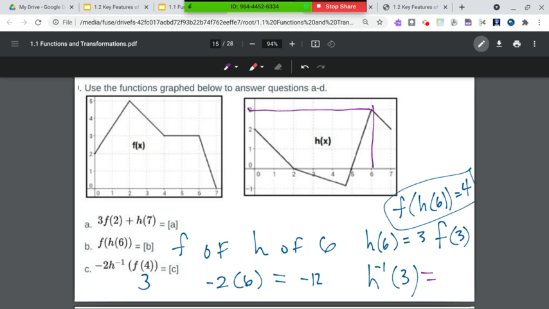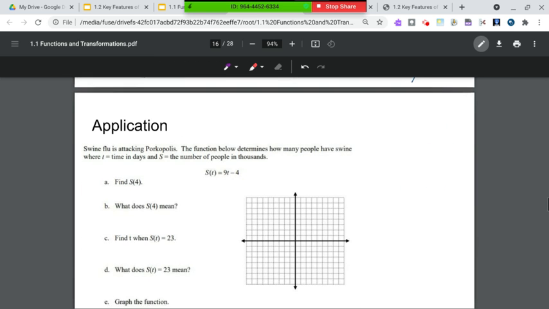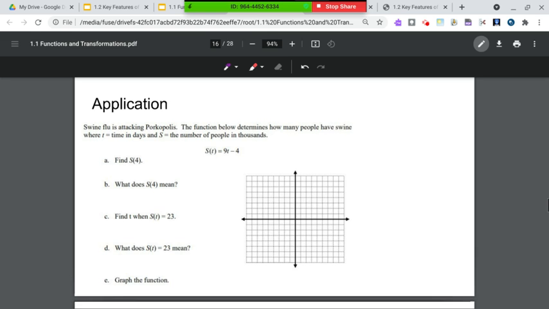So h inverse of 3 was 6. And then the third step was -2 times 6. Do you see how we kind of got rid of it as we went through piece by piece? Yeah. Okay, excellent. All right, let us keep going.